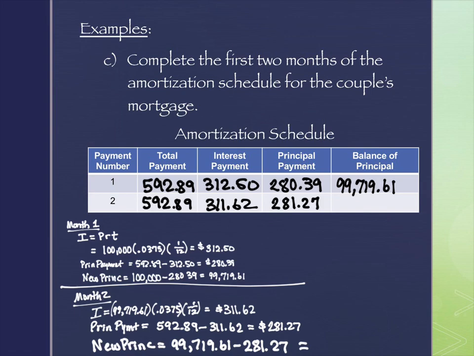And again, it should be slightly less than the $99,700 that we had, right? It should go down. What does that give you? $99,438.34.